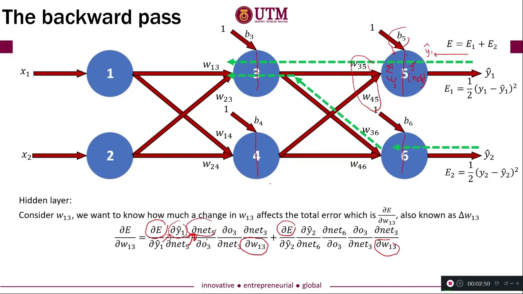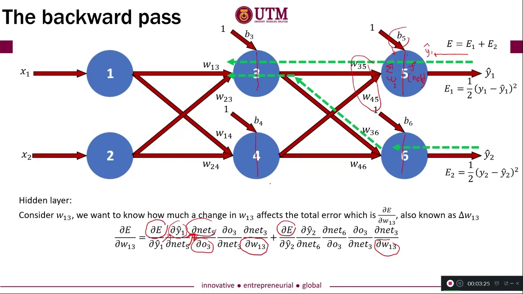So how do we know this one should be del O3? If you go to the net 5 here, okay, this one is a little bit different from the previous one, because you want to pass back, you want the flow going in that direction. You don't want to stop the expression there.